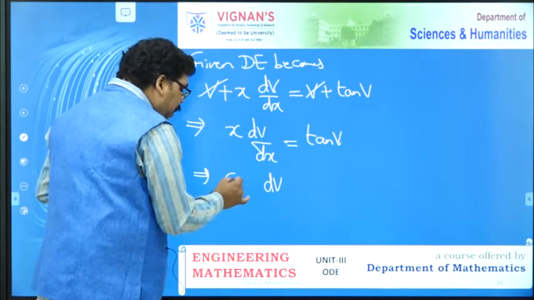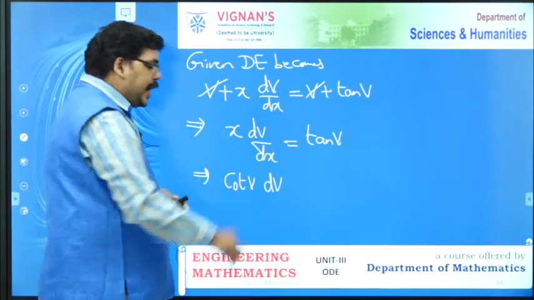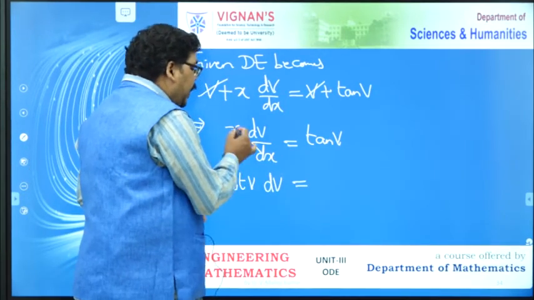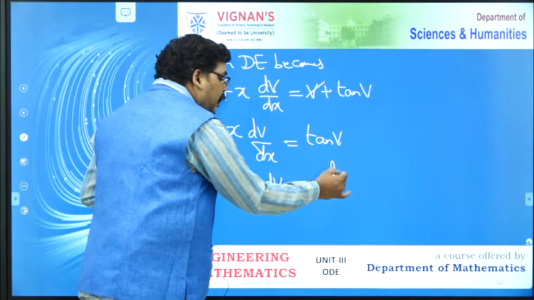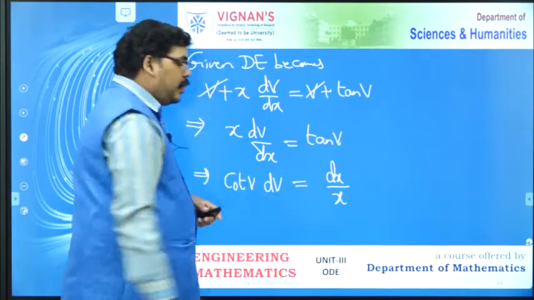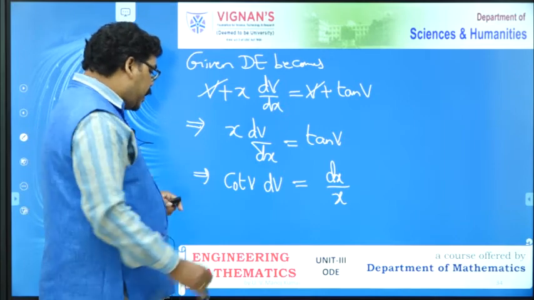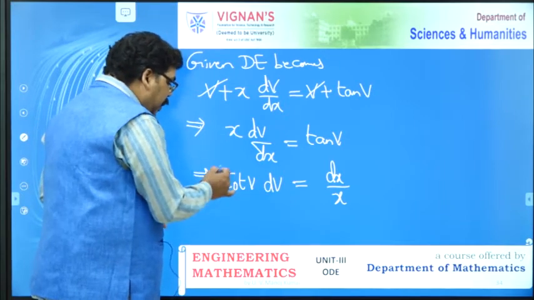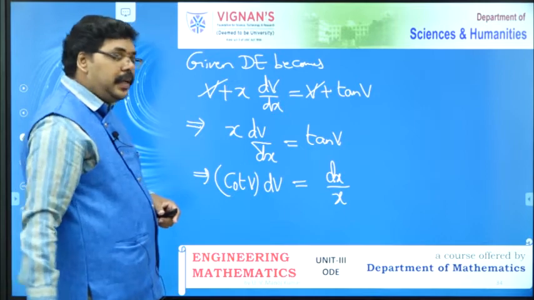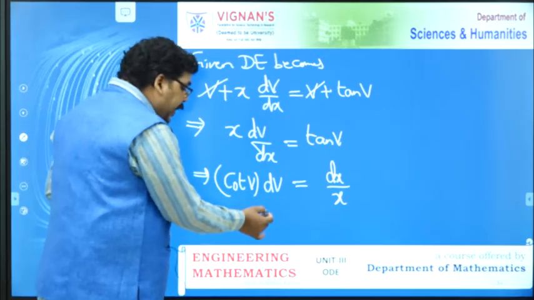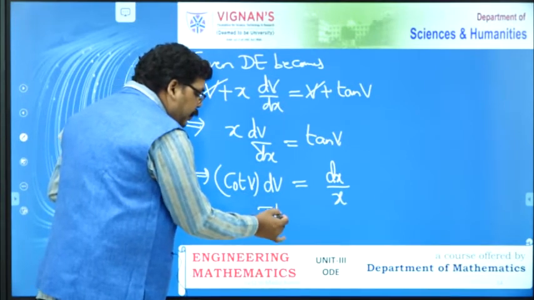Bring this tan v here, it becomes 1 by tan v, that is cot v. Bring dx and x, it becomes dx by x. Now variables are separated. dv is multiplied with a function of v, dx is multiplied with a function of x. So integrate on both sides.